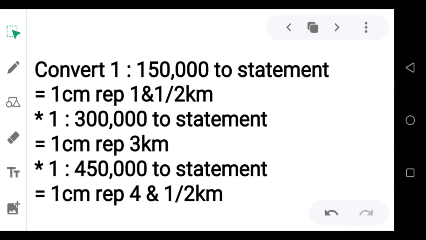If you are given 1 is to ratio 300,000, converting it to statement is simply saying 1 centimeter represents 3 kilometer. If you are given another example, 1 is to ratio 450,000, it's simply as saying 1 centimeter represents 4.5 kilometer. This is very simple.